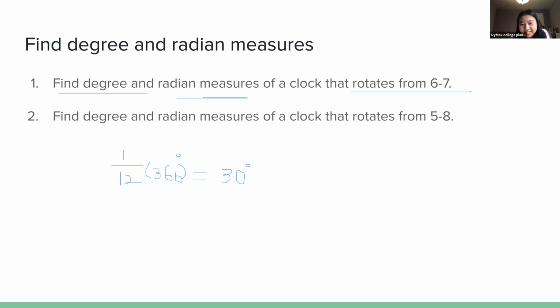But we're not done yet. Because you rotate the opposite way, you rotate from this way, so it should be negative 30. And then for your radian measure, since you know negative 30 degrees already, it should be negative 5 pi over 6.